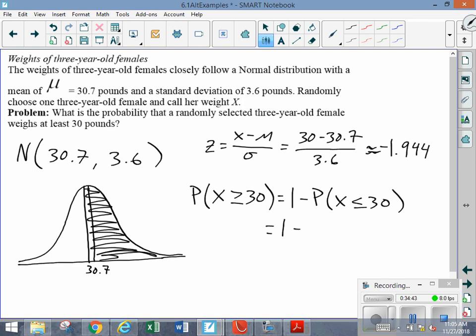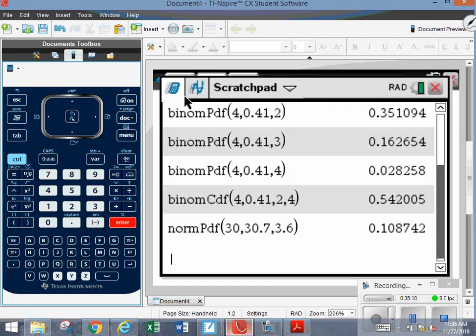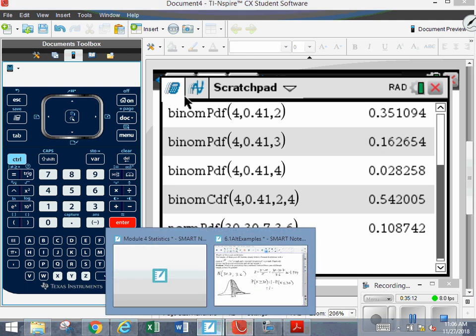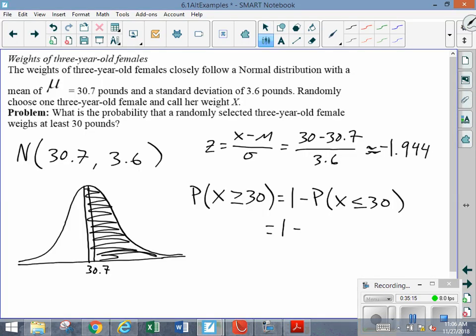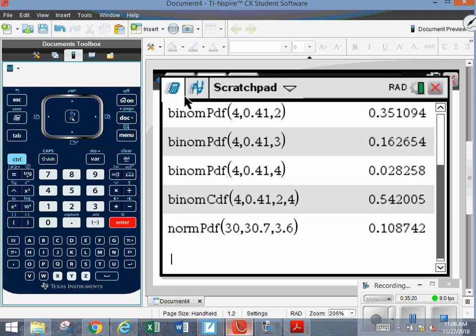Because remember, what our calculator is giving us is the area of the shaded region to the left of our x value, but we're finding to the right. So that's why the probability that x is greater than 30 is equal to 1 minus 0.109.